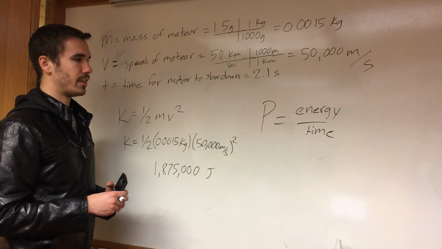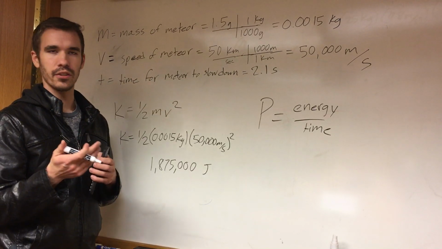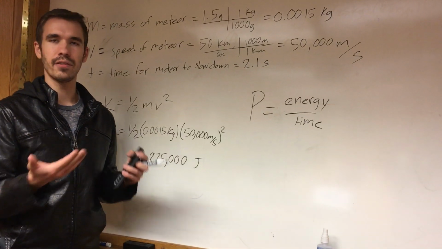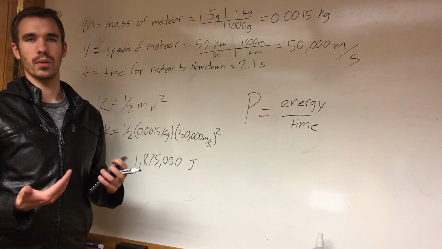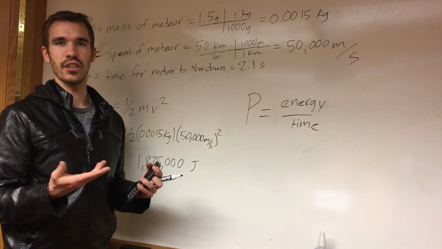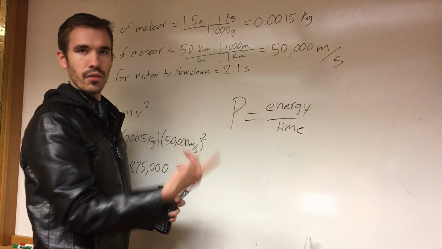So now what we need to do is, it says that it converts it to thermal energy, and it wants to know what power basically is generated from the meteor if it slows down over 2.1 seconds. So to get the power that is generated, we just need to use this formula, which is the power equals energy over time.